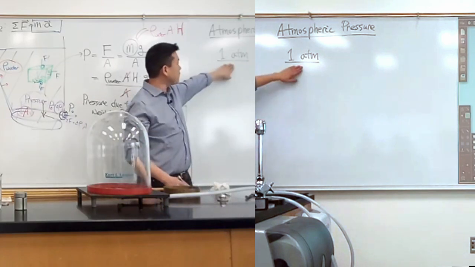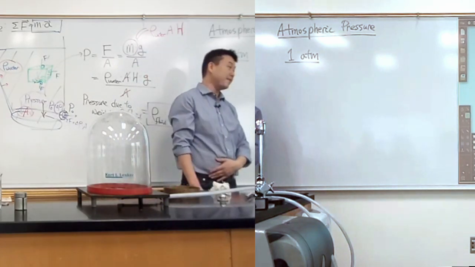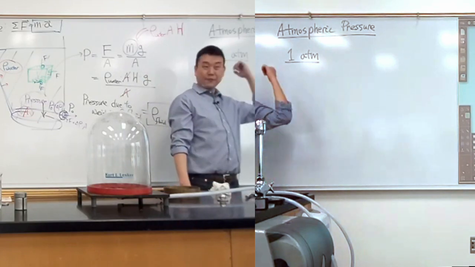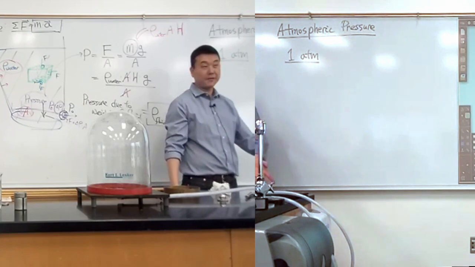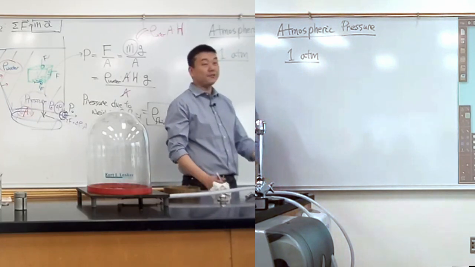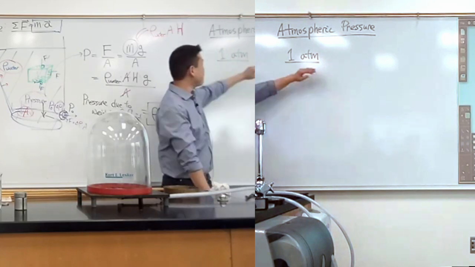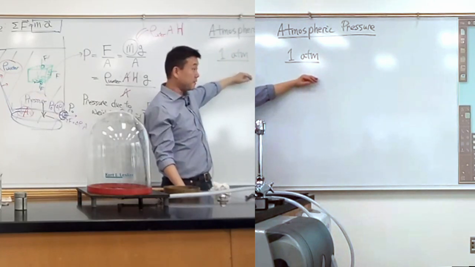Now, this 1 atmosphere, this unit is sort of defined the way chemists define it, kind of how you measure it. This atmospheric pressure is just all around, and when chemists first invented the barometer, they assigned whatever they were measuring to 1 atmosphere. But it's not really based on a fundamental mechanical concept.